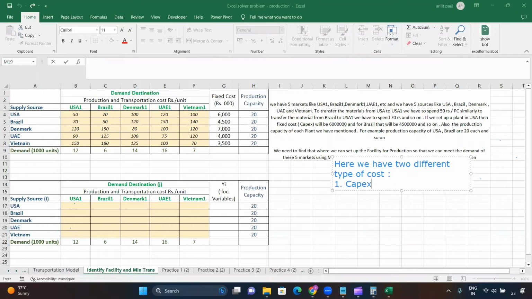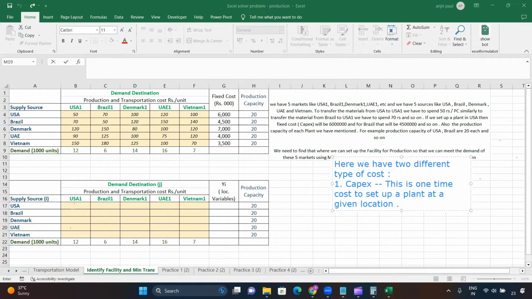One is capex cost. This is a one-time cost to set up a plant at a given location.